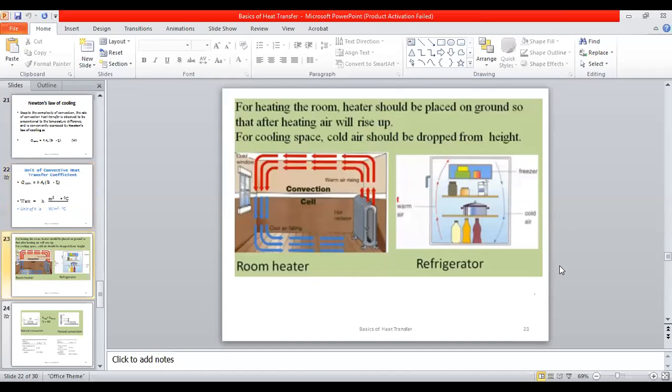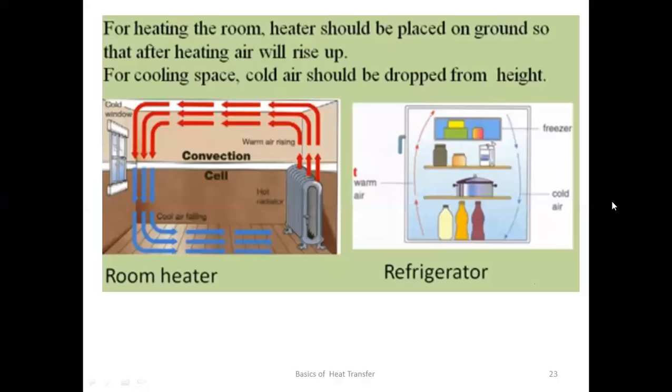Okay, now next thing, I will make a slide show for this, because these are some examples of convection. First of all, this is the refrigerator, written there, but at least you should be able to read that.